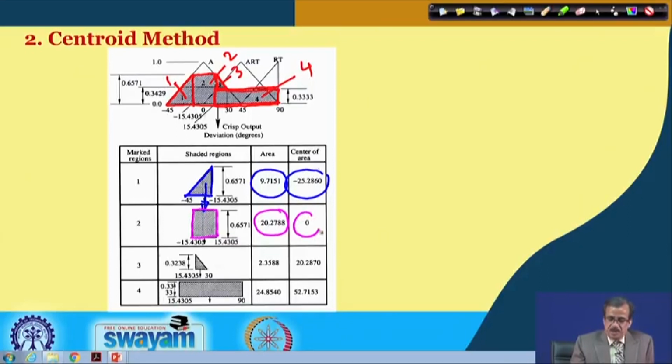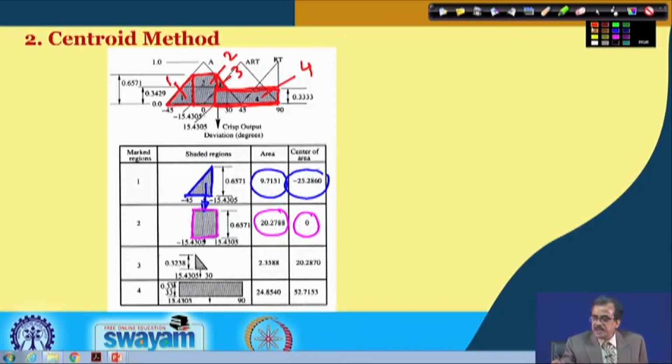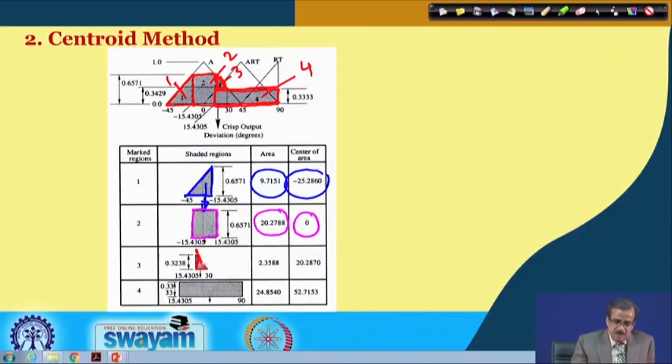Next, I can concentrate on the third region, which is a triangle. This small triangle, if I consider it, I know the dimensions, so very easily I can find the area and center of area.